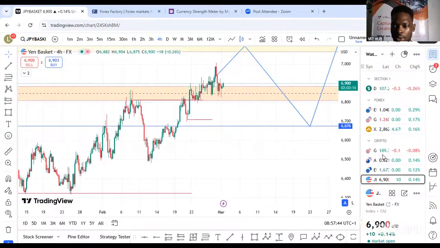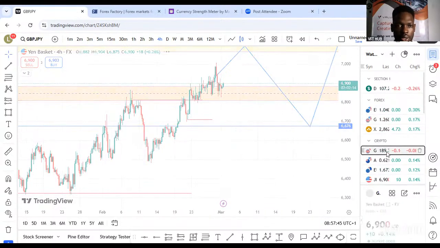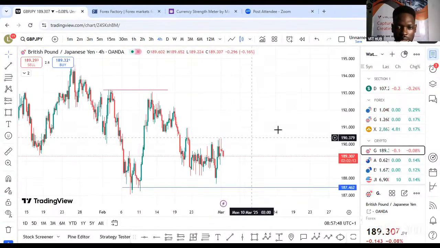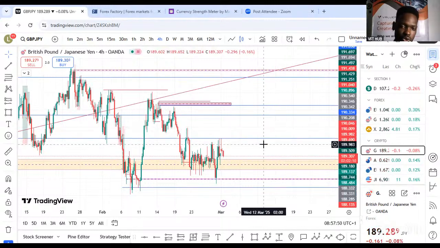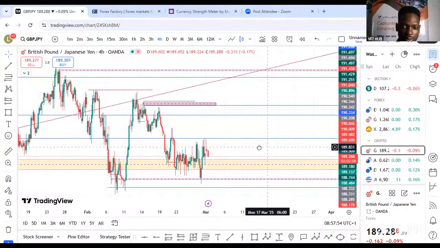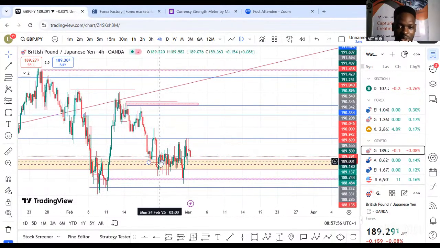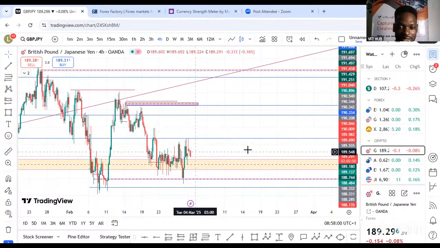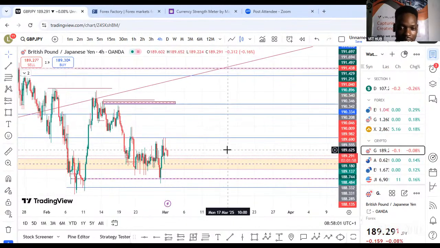All right, so if you look at GBP/JPY on the 4-hour time frame, the last 2 weeks have been a very sweet ride for GBP as it's been trading up and down, clearing lows, clearing highs, just giving everybody full money up and down.